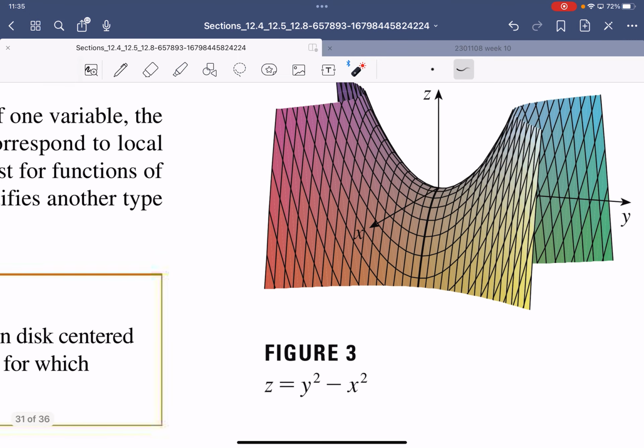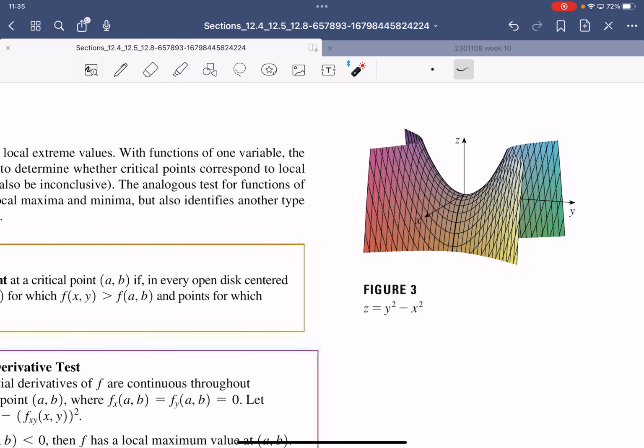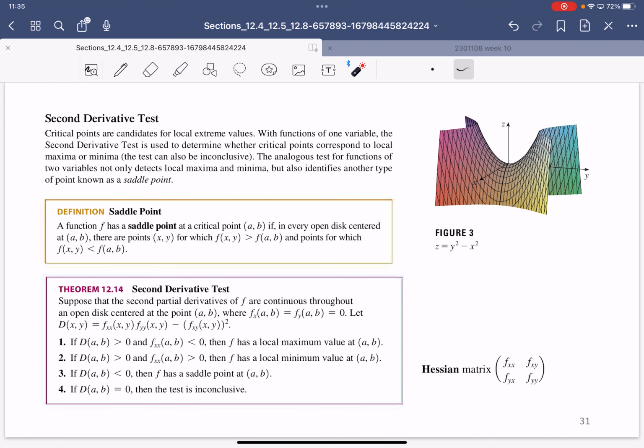This is the saddle point, which can be max and min at the same time, because it can be a maximum on this side and a minimum on this side. So this is called the saddle point that you're going to learn later in this class. We're just going to use tomorrow and next week to learn derivatives, and it's going to be a big part of the final exam, okay? All right.